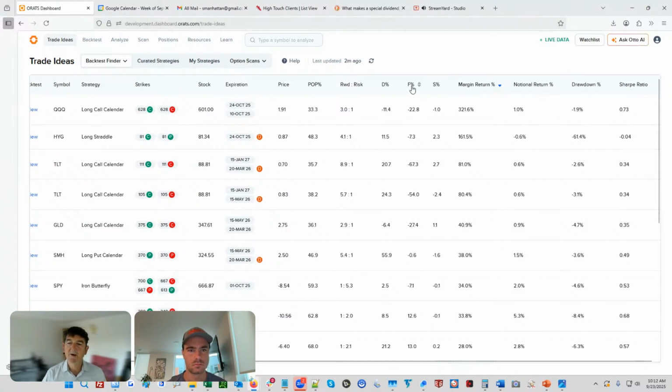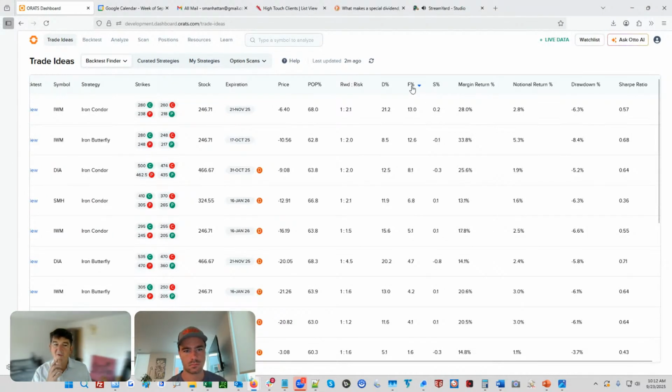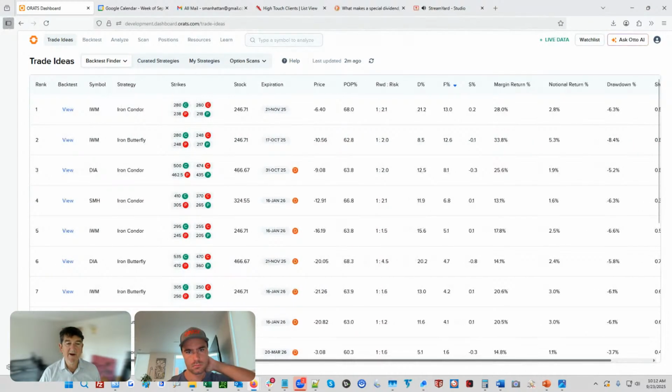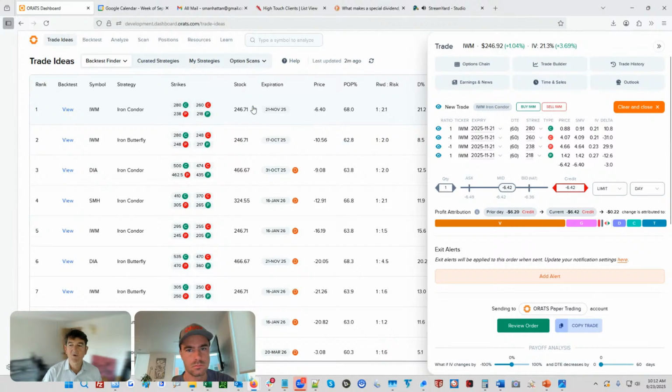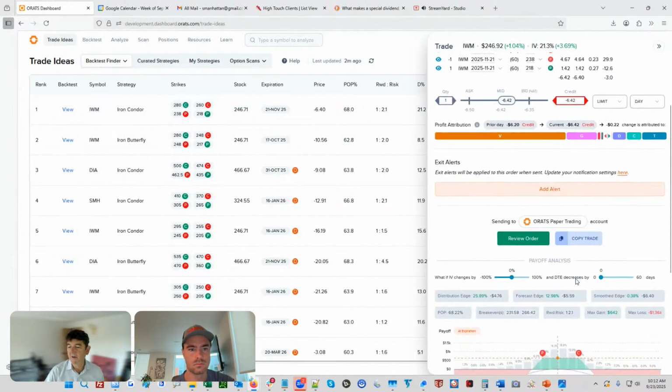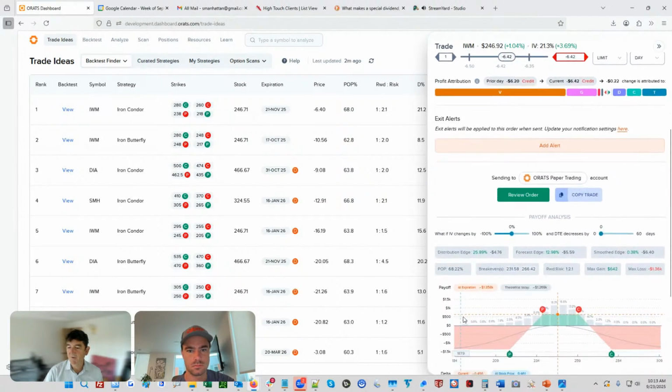Or I like to go by our forecast edge. ORATS makes a forecast, and that's called a theoretical value when you turn it into a dollar amount. And then you compare that dollar amount to the price of the actual trade. So we could look at that. And we have a distribution edge, which we make a distribution and calculate an expected return based on that.